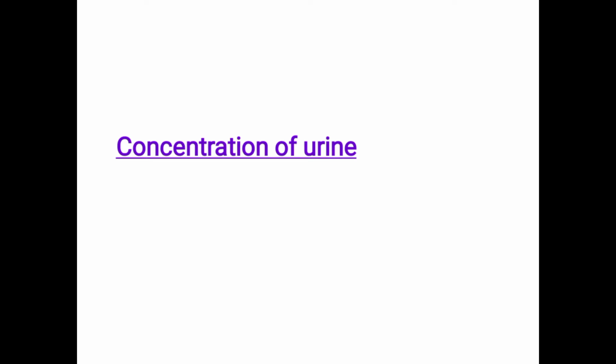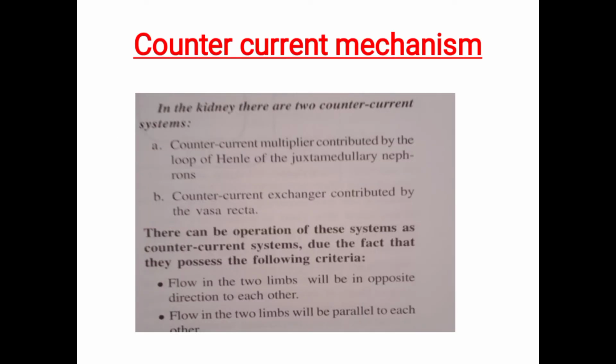Suppose in our body the water content is less, the kidney will adjust to excrete very concentrated urine. Mainly the kidney performs this function through a counter current system, so we will see the counter current system.